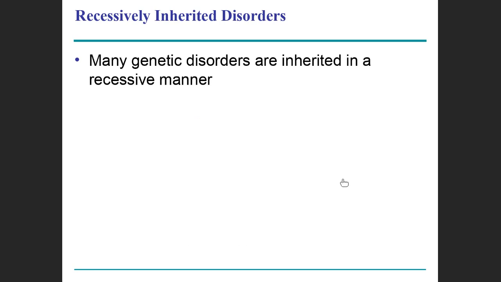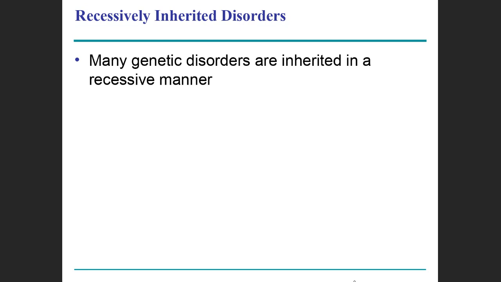When it comes to genetic disorders, they do tend to be recessive, which means you have to have both of the recessive alleles to express the disorder. Like we talked about with Tay-Sachs disease, you have to have 2 recessive alleles to have Tay-Sachs disease, and that's very bad because it's fatal. 1 good allele, 1 bad allele, and you're okay. But you're a carrier, right? So you carry that bad allele.